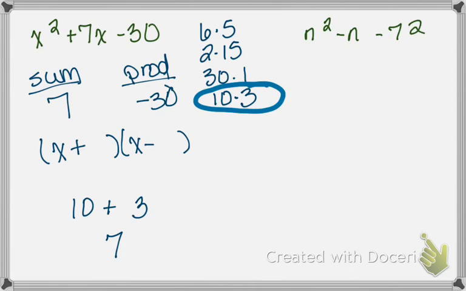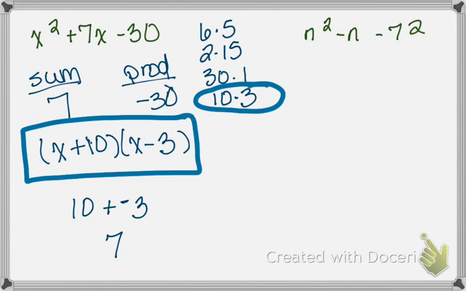Because my sum is positive, the greater absolute value is going to be positive. And which one has the higher absolute value, 10 or 3? 10. So my 3 is going to be what? Negative. Good. So then I've got x plus 10 and x minus 3. And this is my answer. This is how I identify this.